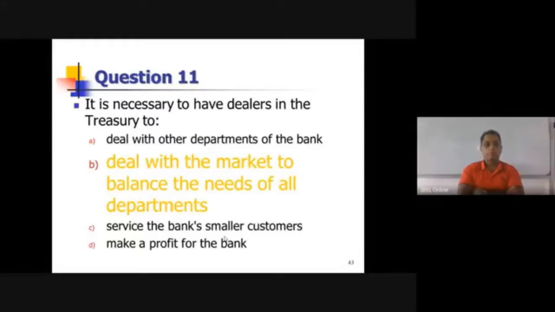But B is also correct, because ultimately you have to balance the needs of the departments. It's a combination of B and D for me, because being a profit center, by balancing the needs of the other departments, you also have to generate a profit. So the answer would be B and D altogether, in my view.